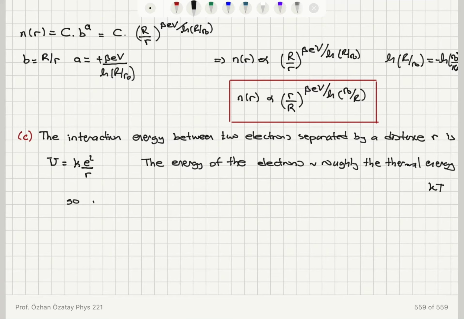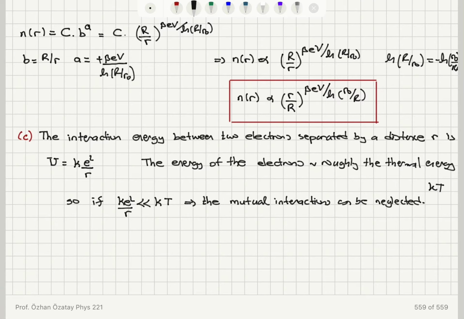So if I have this interaction energy K e squared over r much less than the thermal energy, the mutual interactions can be neglected. So this would be the criterion for neglecting the mutual interactions between electrons.